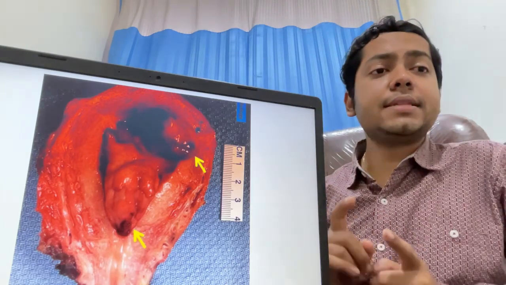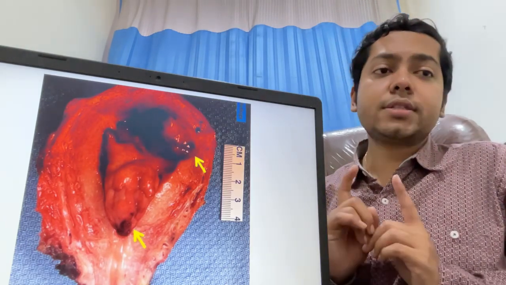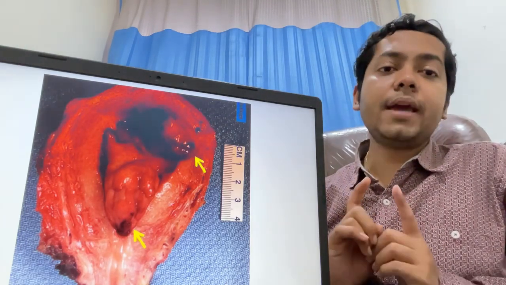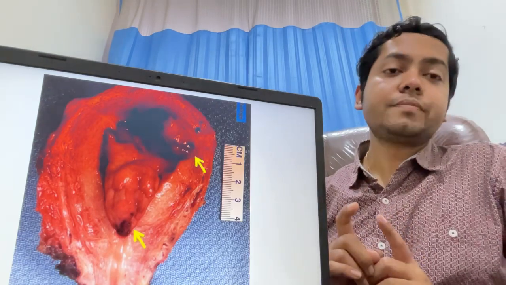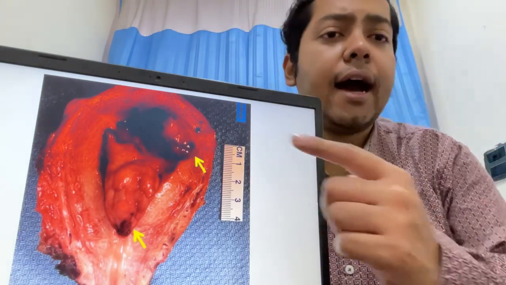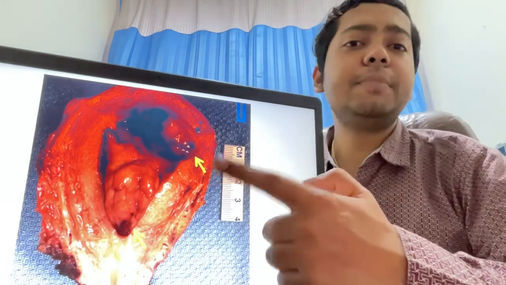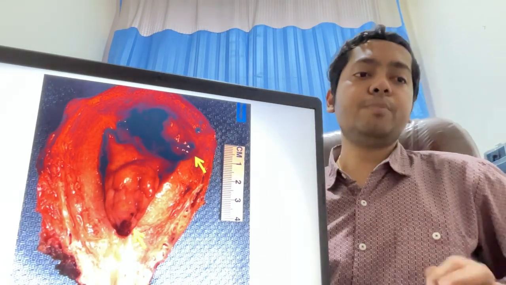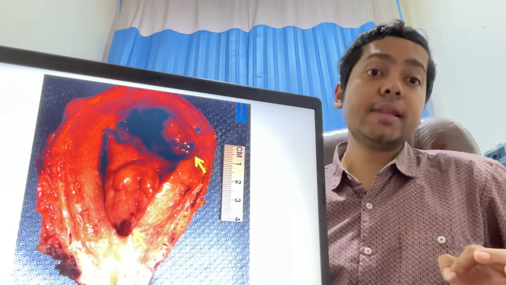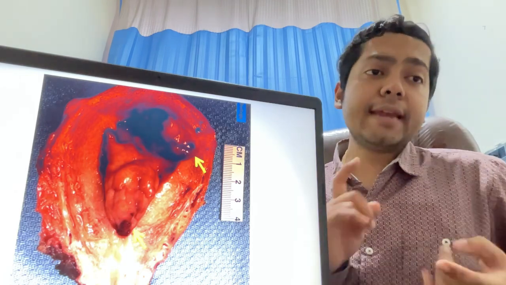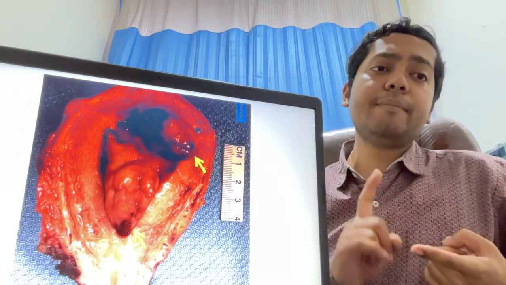See, endometrium का staging ज़रूर से पढ़ लेना, because carcinoma endometrium का staging will be asked in the exam. Okay, so this is what is asked from this specimen. So what do you think is missing in this specimen? अगर वो पूछते हैं what is missing in this specimen, in this specimen bilateral tubes and ovaries are missing.